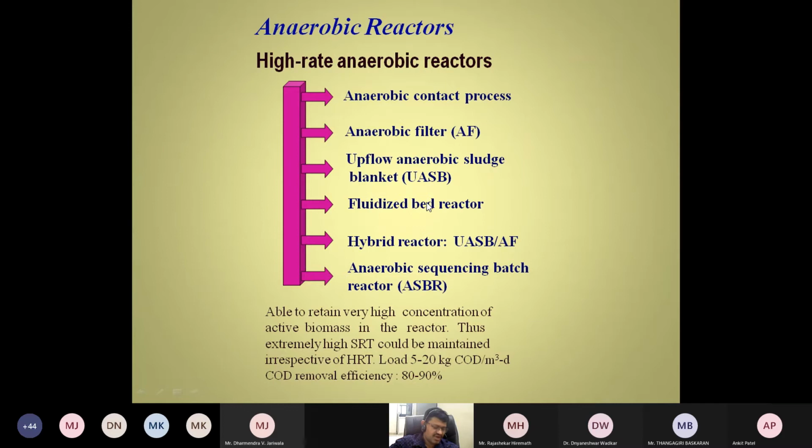As you know, anaerobic reaction does not require oxygen. All the organic matter is converted to carbon dioxide, that is 20 to 30%, methane around 60%, and water. So CO2 plus CH4, that is methane, plus water you will get.